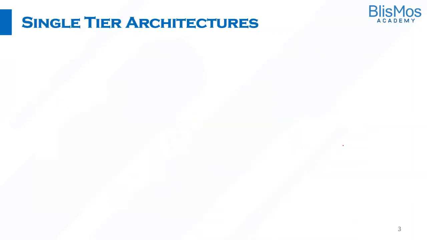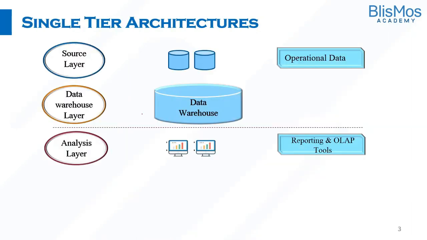So what is happening in the single tier architecture? As the name indicates, we have a single tier here. There is no explicit component that separates analytical and transactional processing. In a way, reporting tools are also attached to the data warehouse. That is why it is called a single tier architecture.